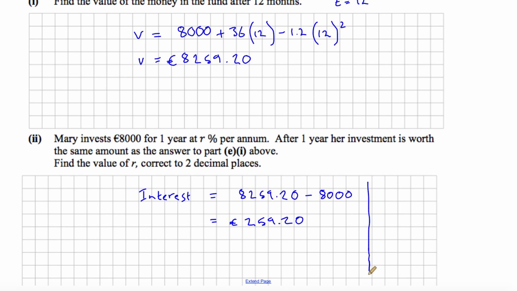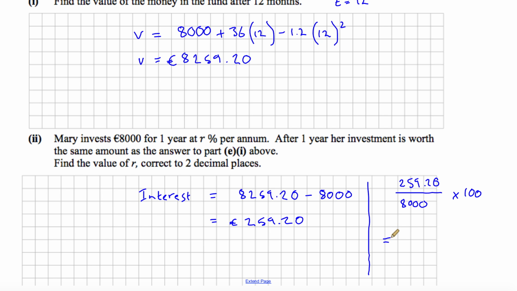So all we do then is we write that 259.20 as a fraction of the original, which was 8 grand. And we're going to times it by 100 to turn it into a percentage.